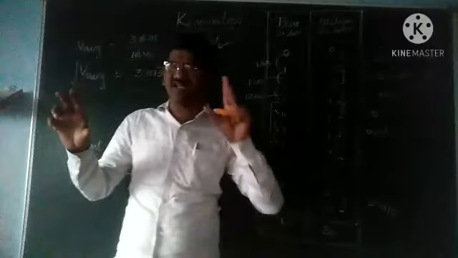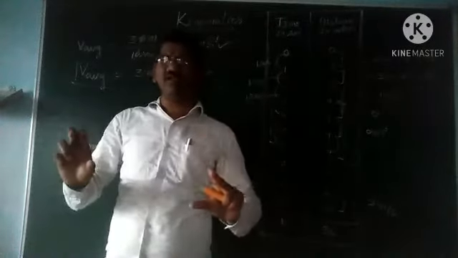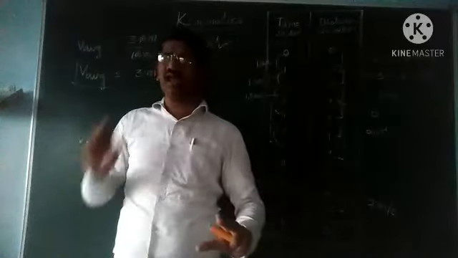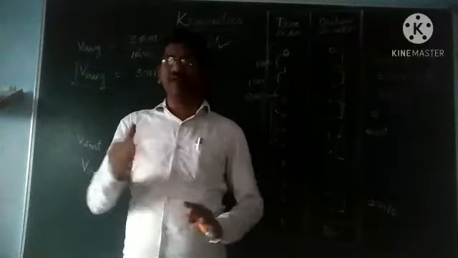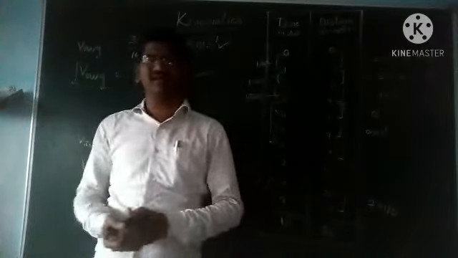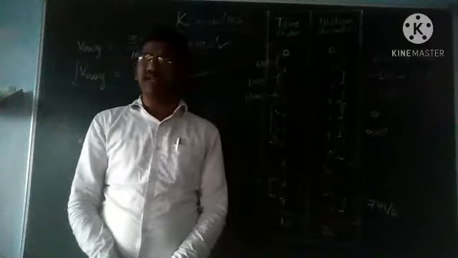Equal distances in equal time. First 10 meters 1 second, next 10 meters 1 second, next 10 meters 1 second. Every 1 second it covers 10 meters. So every 1 second it is covering 10 meters, then it is said to be moving with a uniform speed, that is 10 meters per second.